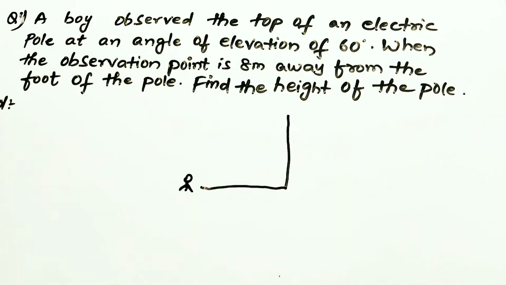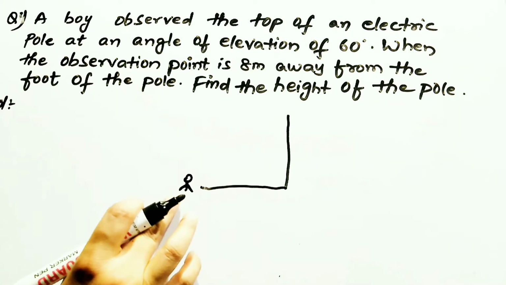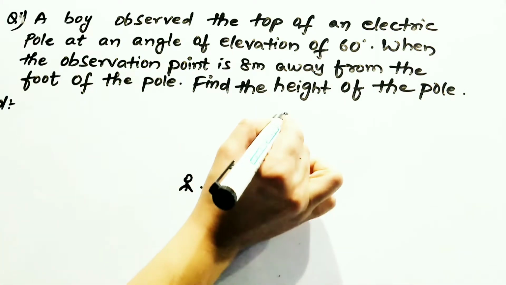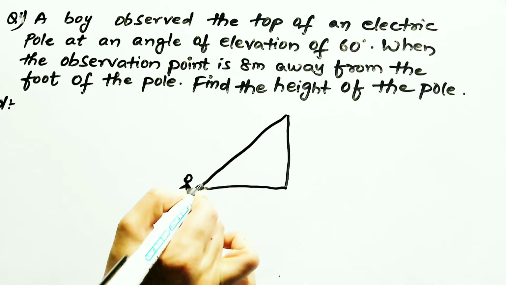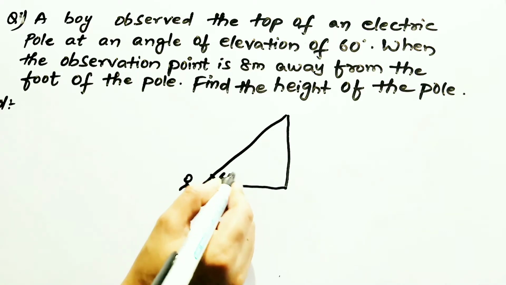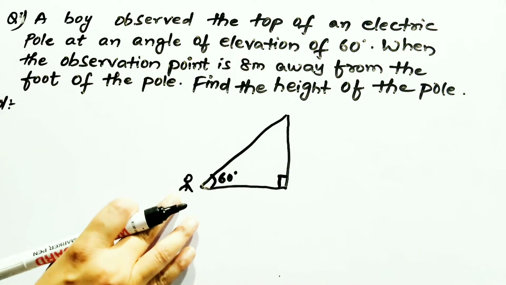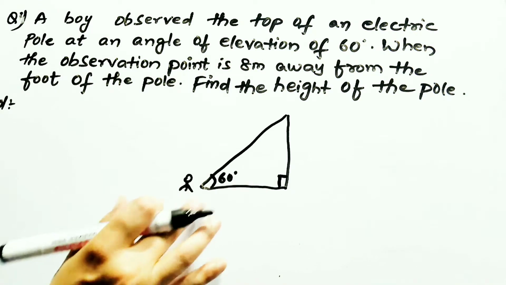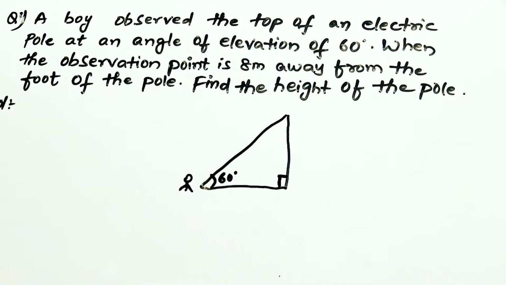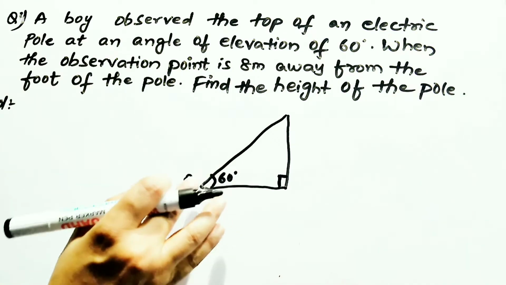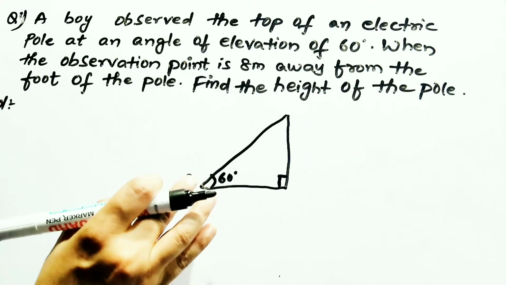The boy is seeing the electric pole at an angle of elevation of 60 degrees. Suppose this is your boy. He is standing here and seeing the top of the electric pole, and it forms 60 degrees.